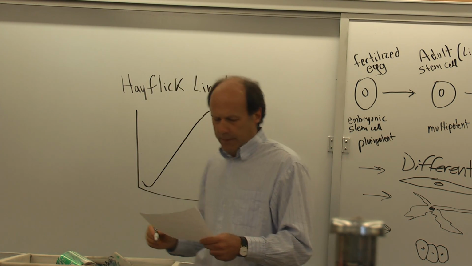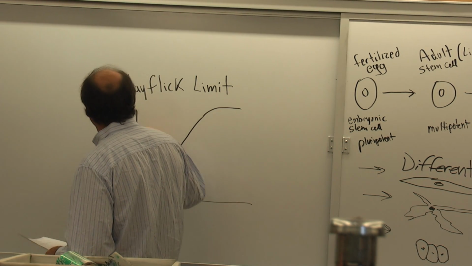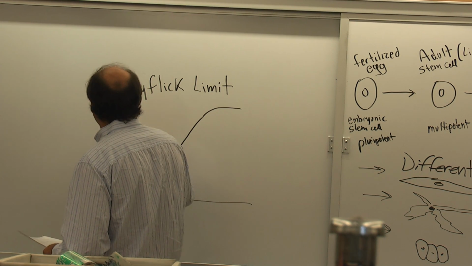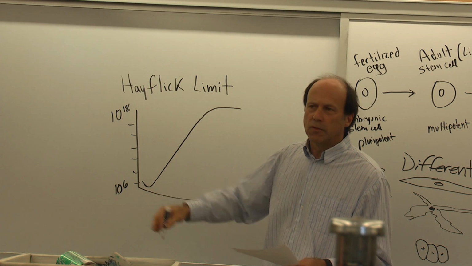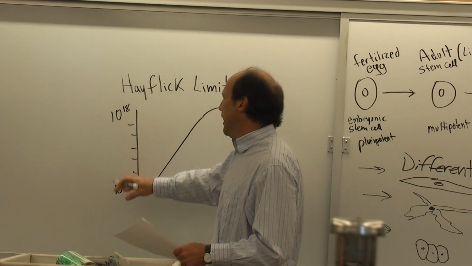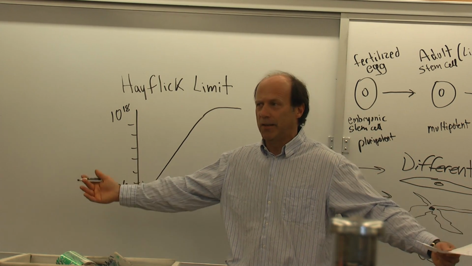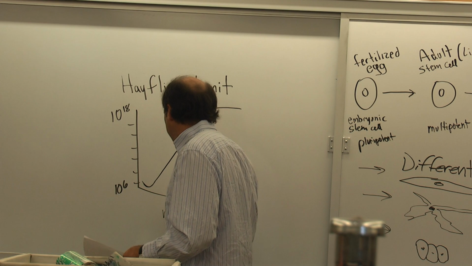If you've got like 10 to the 6 cells here, you go up to like 10 to the 18th cells, and this is a log scale on the cell number, right? Just like we're doing in the growth curve. So this is not a daily growth curve. This is sort of the lifespan of the cell growth curve. And you look at the number of weeks in culture.